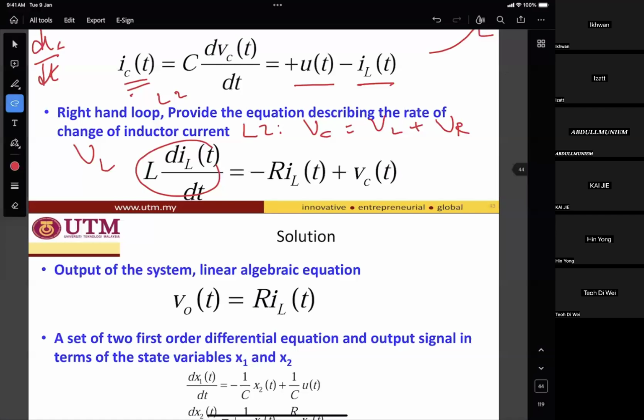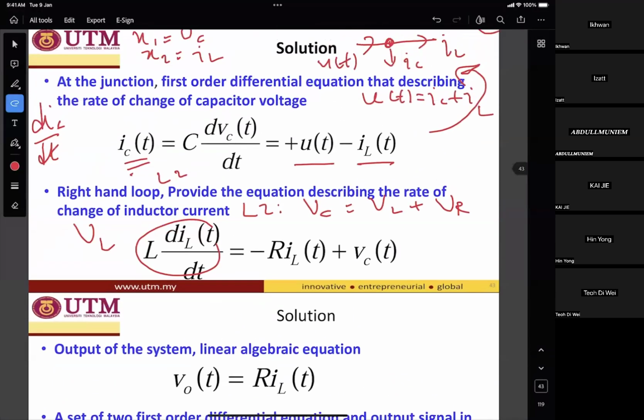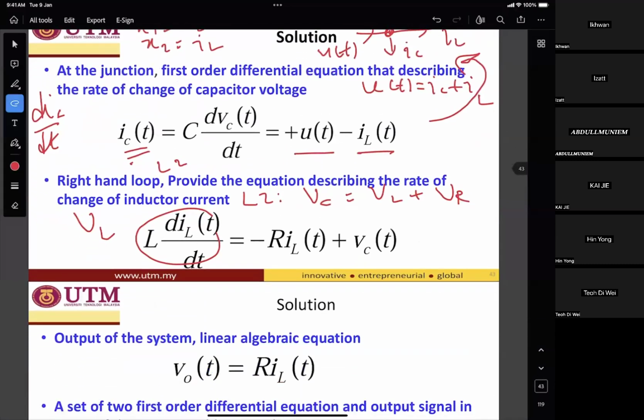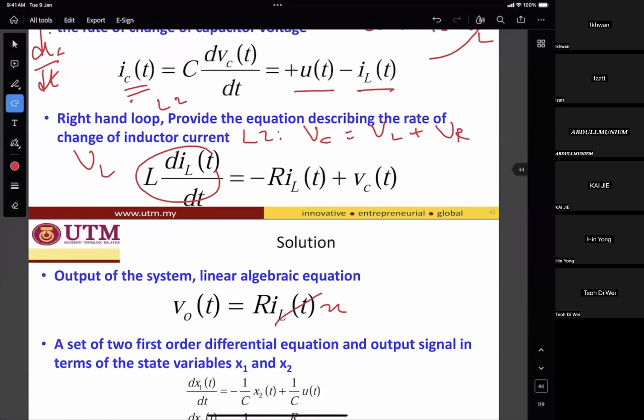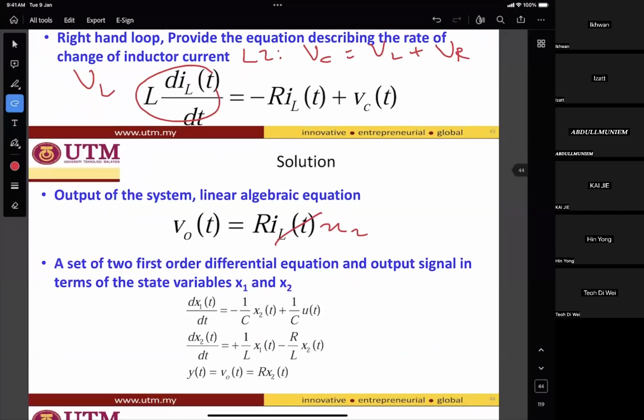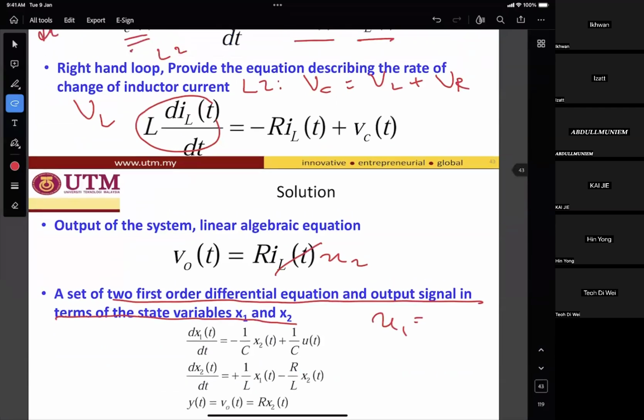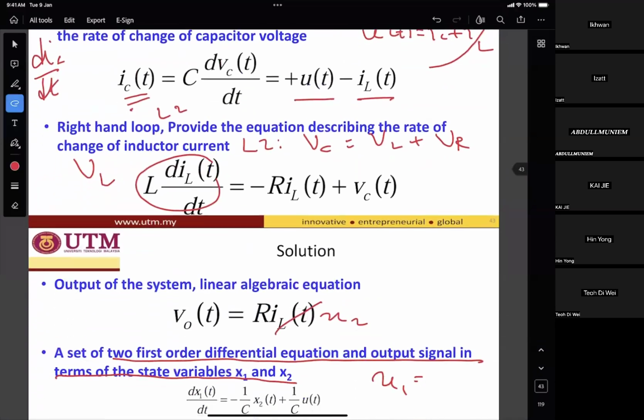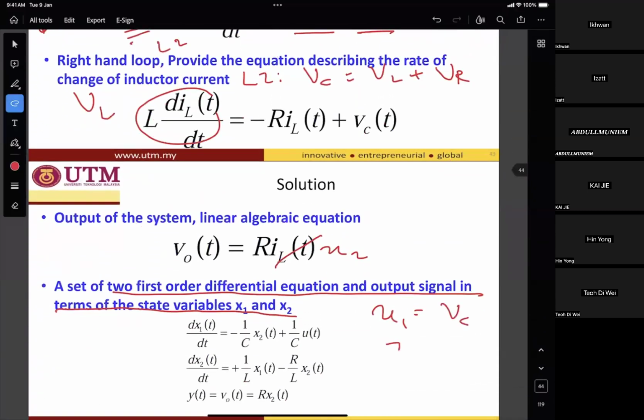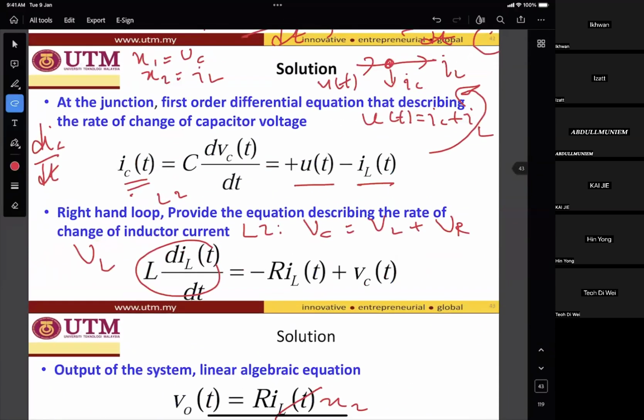So now the output equation is V naught equal to R IL. R is constant, IL is the state variable x2. So we have two first order differential equations and the output signal in terms of the state variables x1 and x2. x1 is VC, x2 is IL.